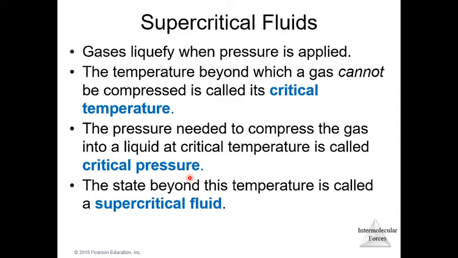If I get beyond that, higher temperatures, higher pressures, I get what's called a supercritical fluid. This is an additional phase that we don't normally come across in everyday life, but supercritical fluids are valuable in industry because we use them as solvents to separate mixtures.